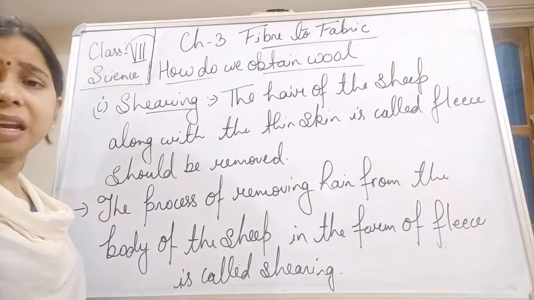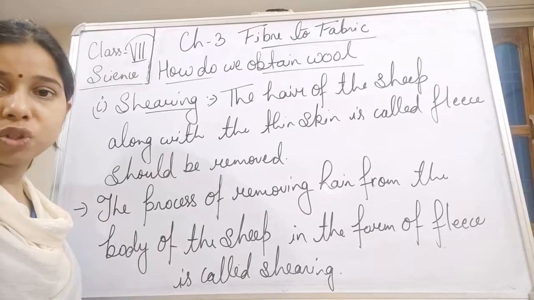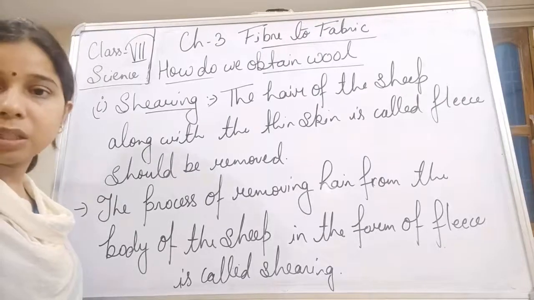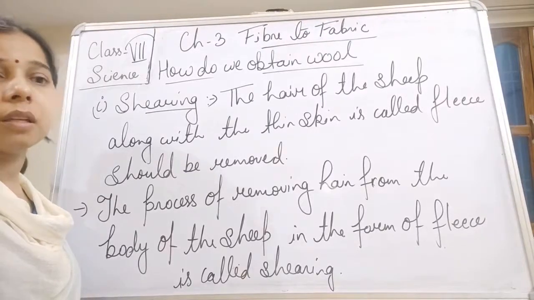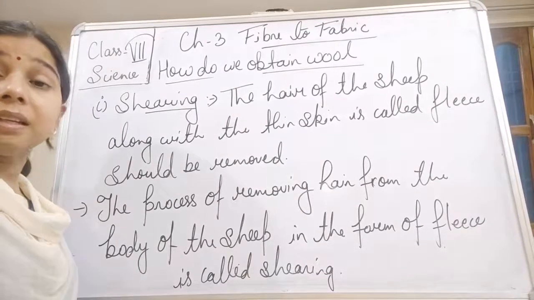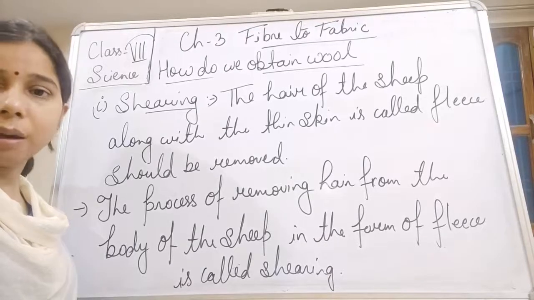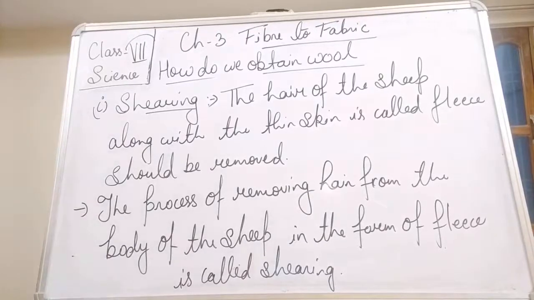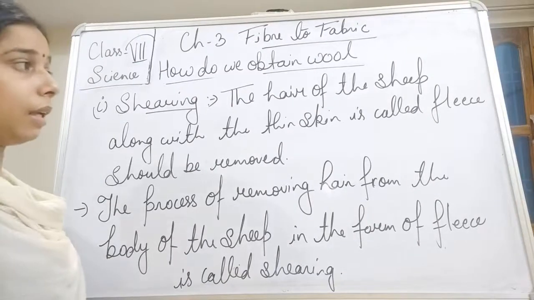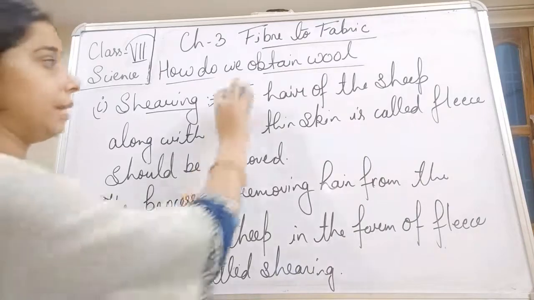Now the question arises: is this method going to hurt the sheep, students? No, absolutely not. The reason is that the fur consists of dead cells, so they do not harm the sheep. While cutting, this fleece should be cut in one piece.